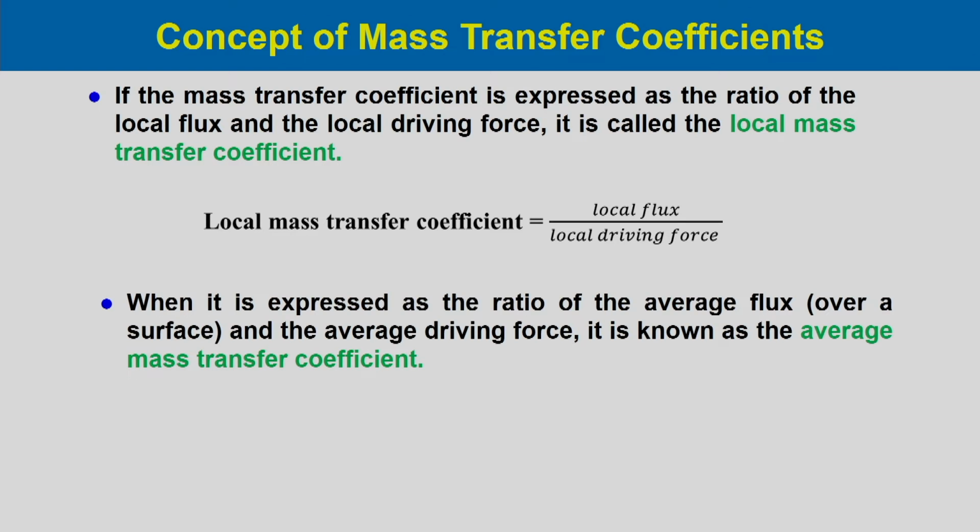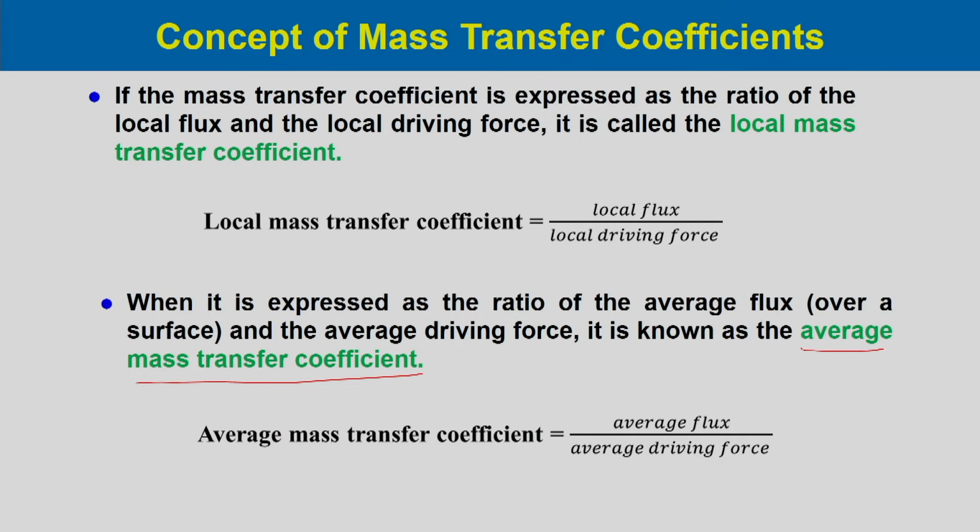When it is expressed over a surface, if the flux changes and we take the average flux divided by the average driving force, then it is named the average mass transfer coefficient. So, the average mass transfer coefficient would be equal to the average flux divided by the average driving force.